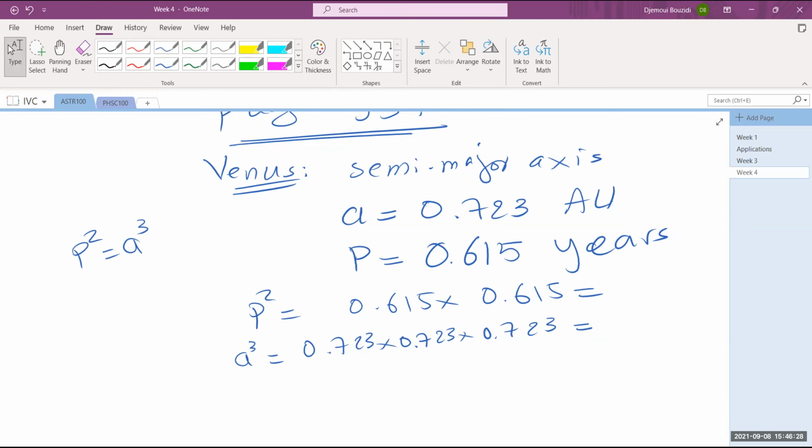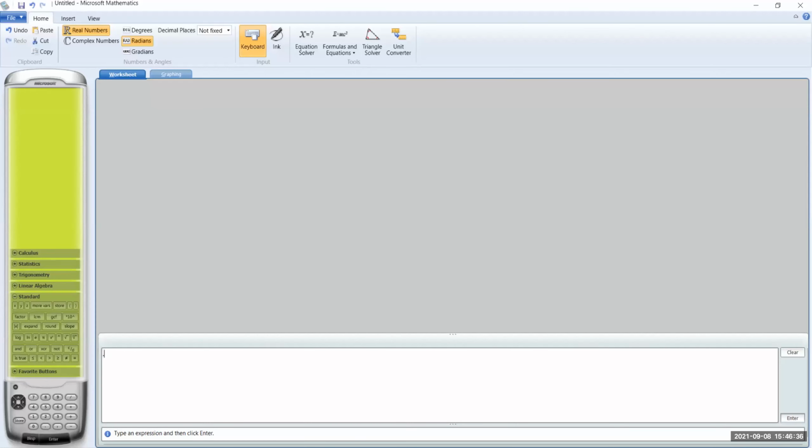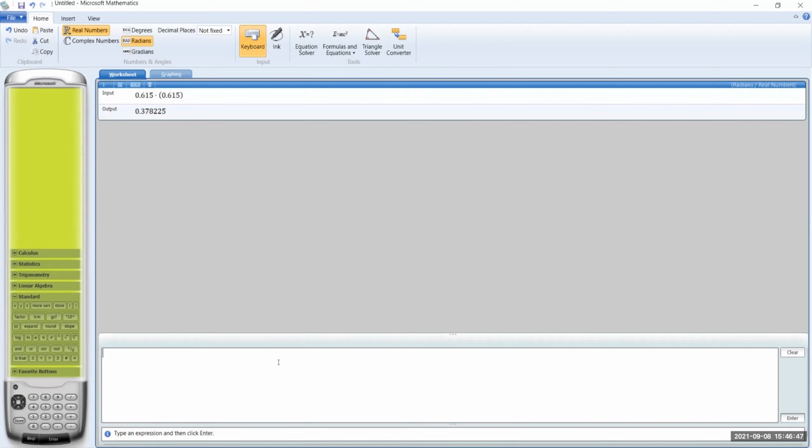Okay. So I'm going to stop sharing the screen, and I'm going to share the calculator now. And in the calculator, I need to make 0.615 first. Let's start: 0.615 times 0.615. That's the year.